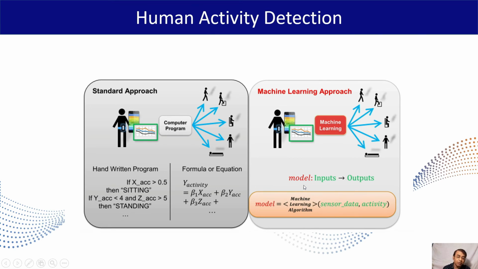Then this model will help you to guess or predict whether you are sitting, standing, or walking. So that is the main idea: how to apply a machine learning algorithm, because this is the place where you can apply it.